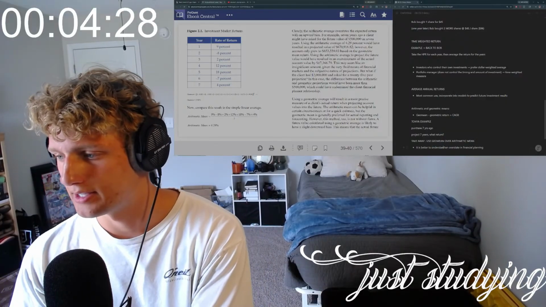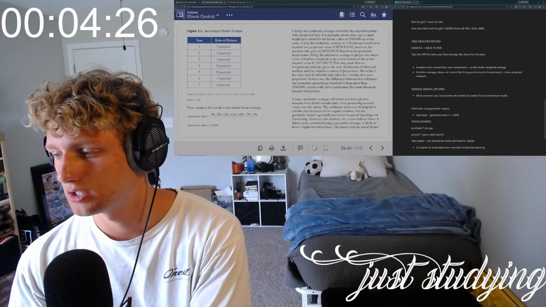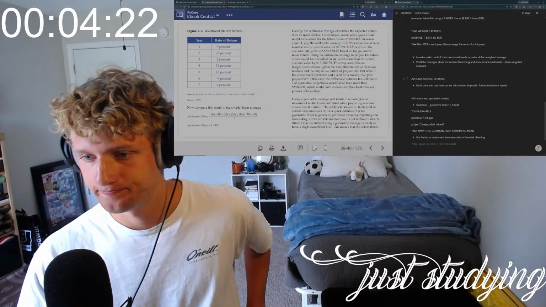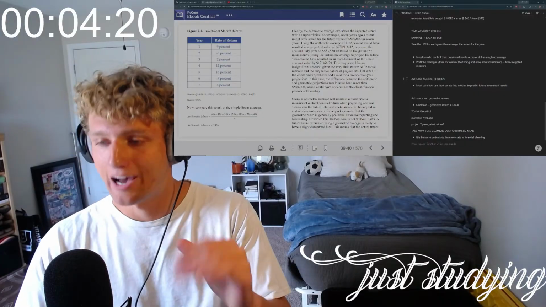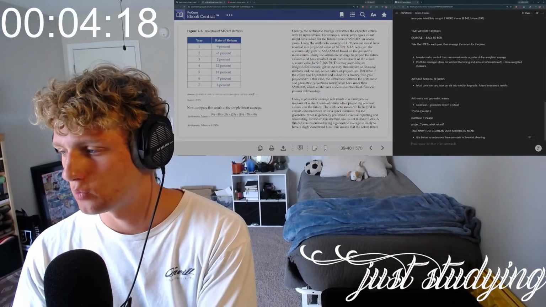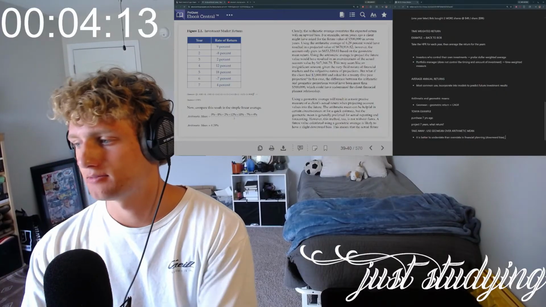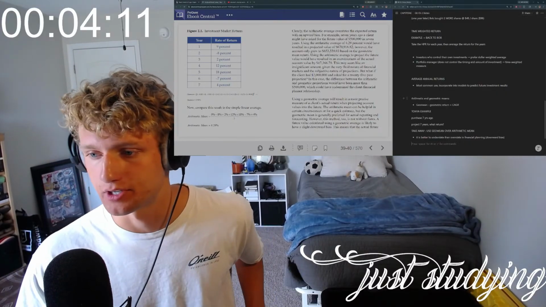Downward versus upward bias. That's the key word that the book is using here.